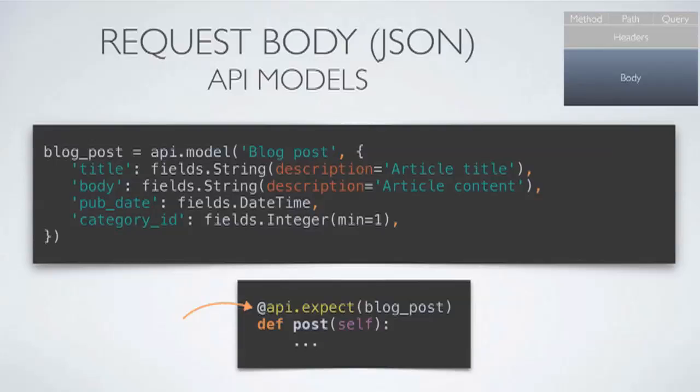And this is in a way similar. You give each field a name, you specify its type, and you specify additional constraints that you want on it. For example, you can have a minimal value or legal values. And again, you use the API expect decorator to attach that to your method.